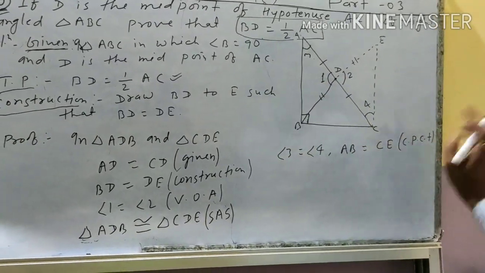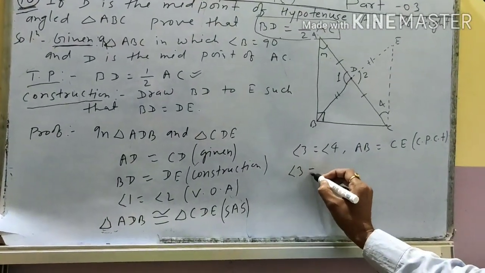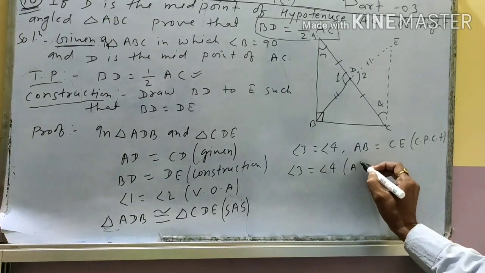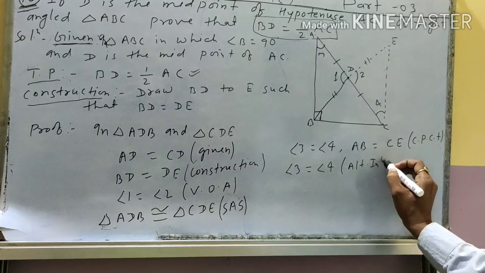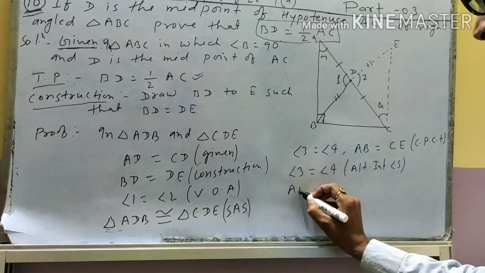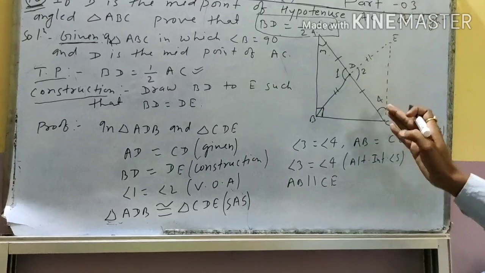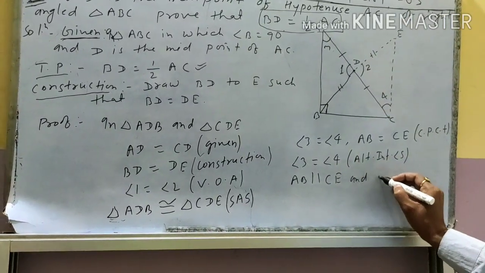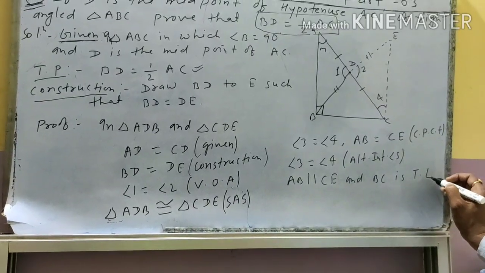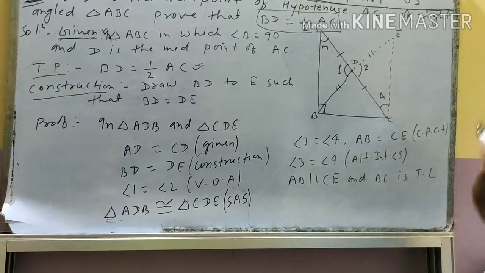Angle 3 is equal to angle 4, alternate interior angles. If they are alternate interior angles, then we can say AB is parallel to CE and BC is the transversal line.